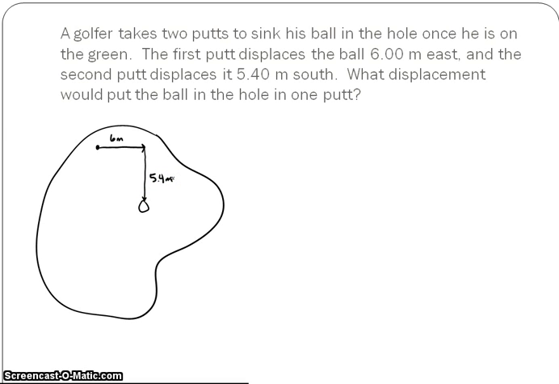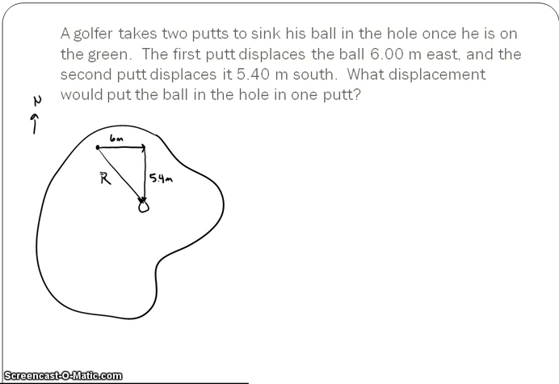North is this direction, so we went east, then we went south, and we're now looking for the resultant vector of these two. If we wanted to make it in one putt, what would we have had to do?